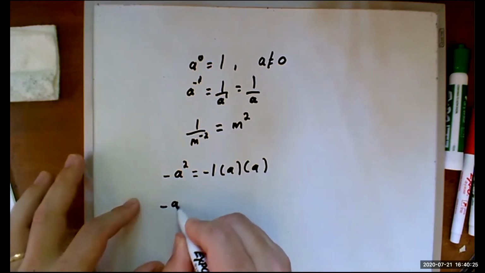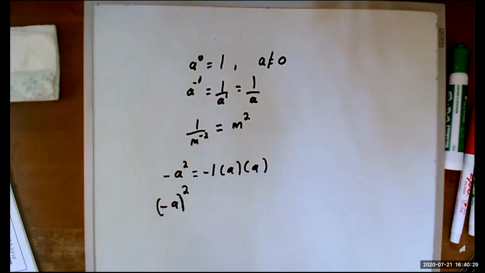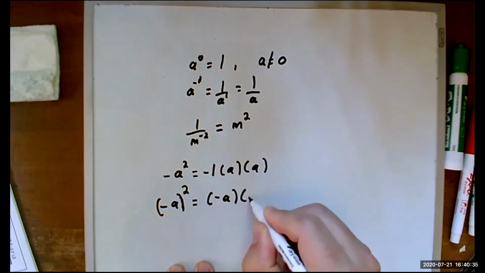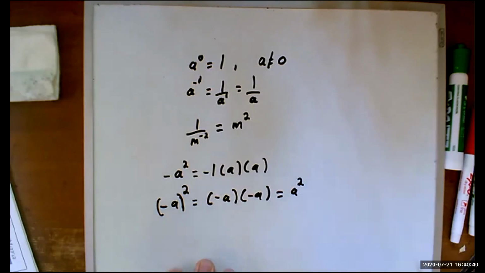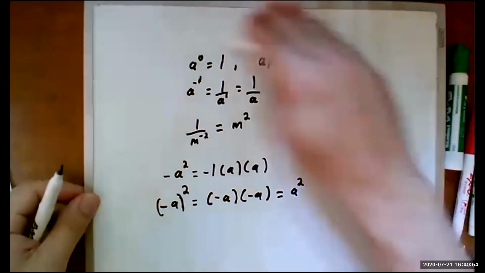The a squared part is a times a, but that negative implies that we have a negative 1 out front of the whole thing, which is different than if I had some negative number in brackets, and then it would be all squared. In that case, I'd be getting negative a times negative a, which would come out to the positive version, because a negative times a negative is a positive.